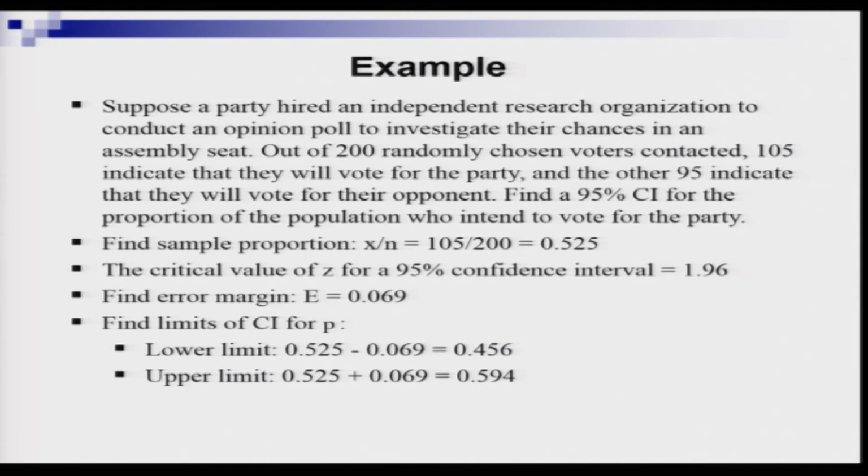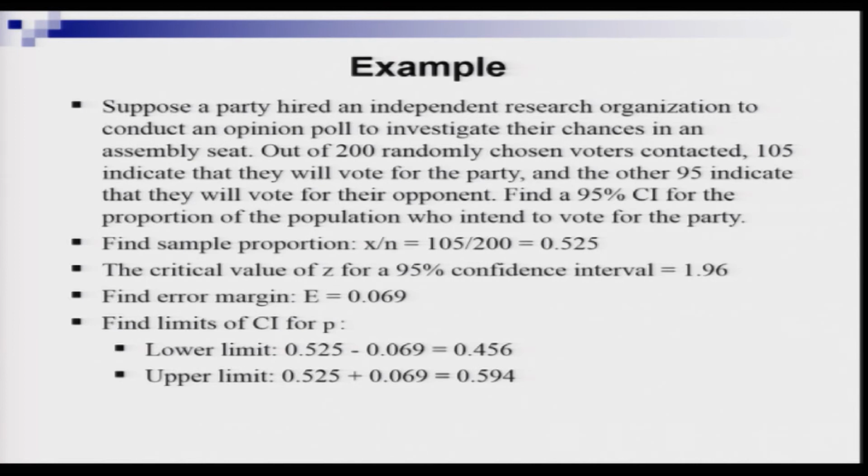How many said yes is captured by the variable x, and a particular value of that variable is small x, which should be divided by the sample size, or the number of voters in this case. So you get the sample proportion value of 0.525, or you can say 52.5% of the respondents have said that they are going to vote for the party.